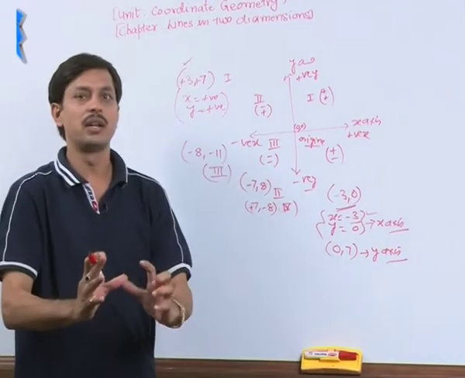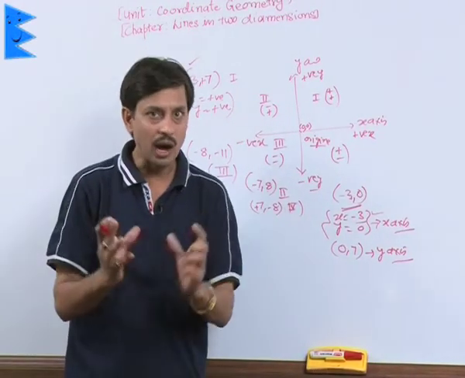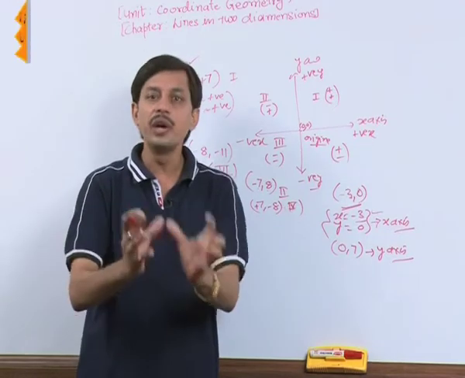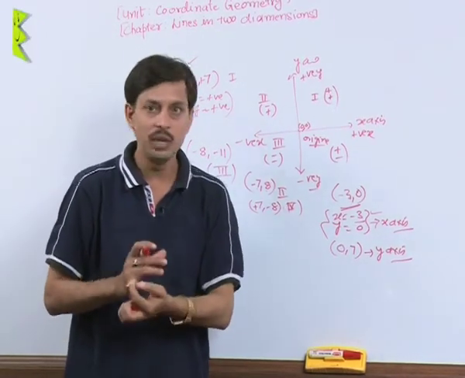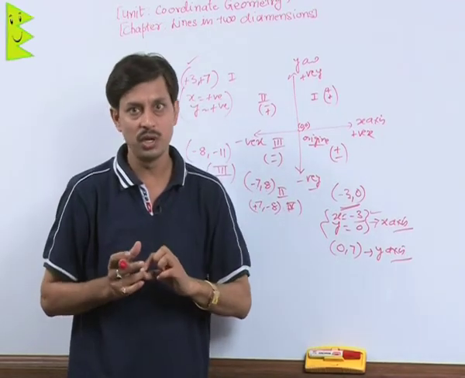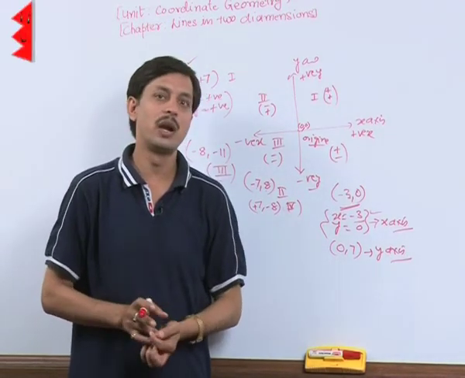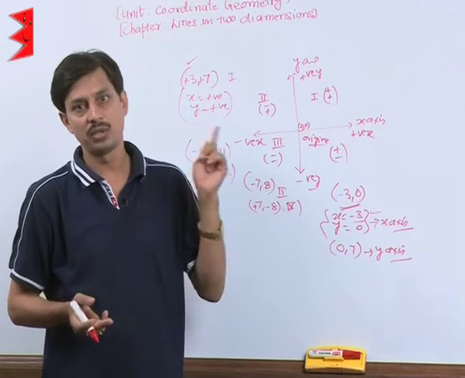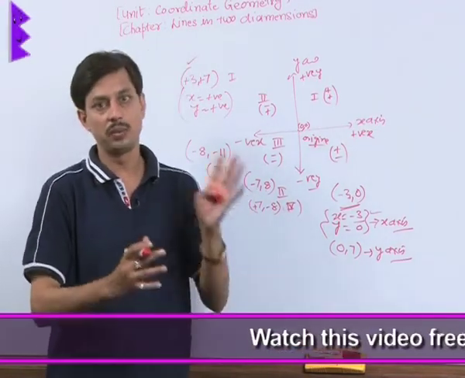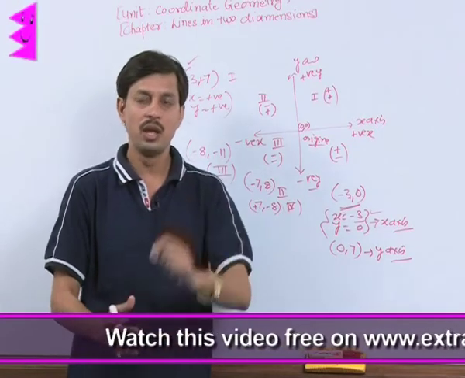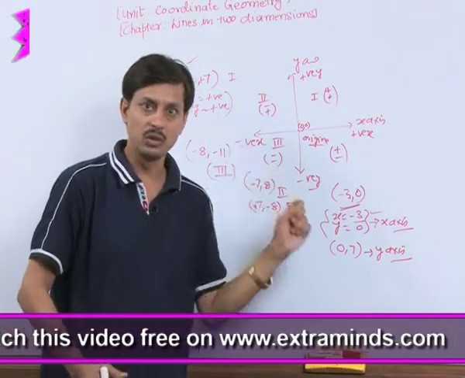So we must understand the ways a coordinate can lie in this quadrant system. It can be in the first quadrant if both are positive. Second quadrant if first negative, second positive. Third quadrant if both are negative. Fourth quadrant if first positive, second negative. If x is 0, it is on the y-axis.